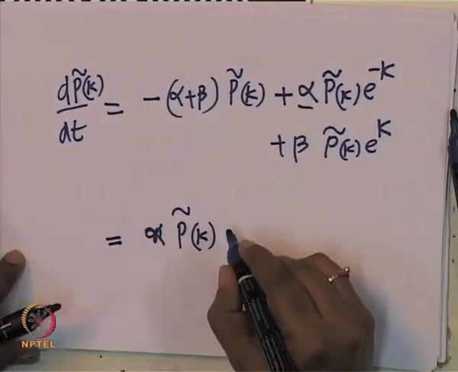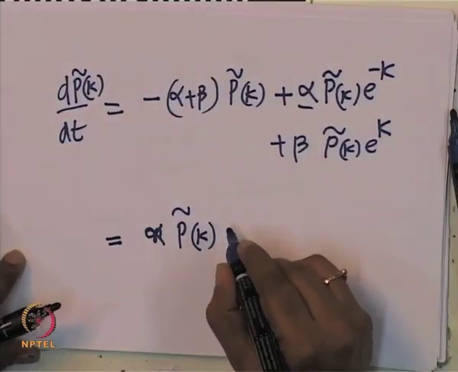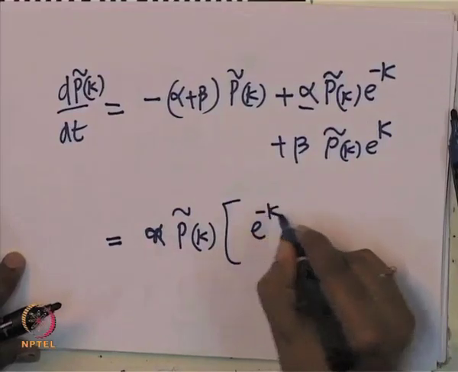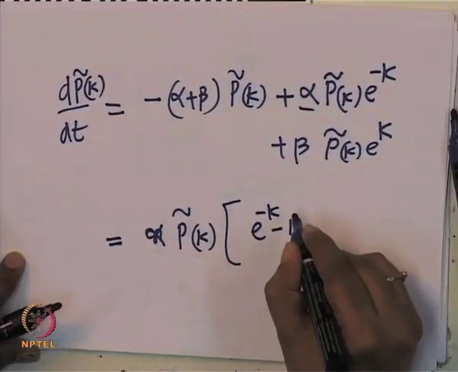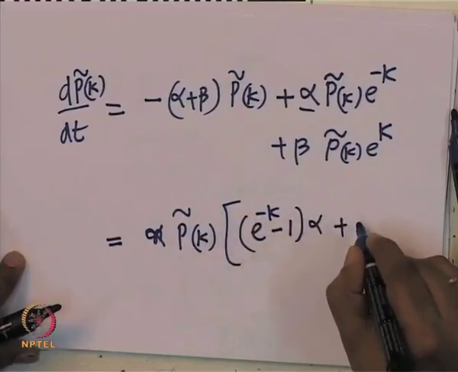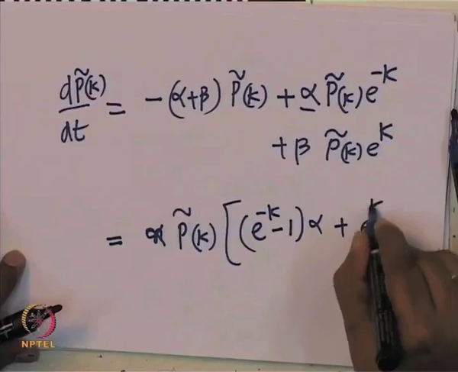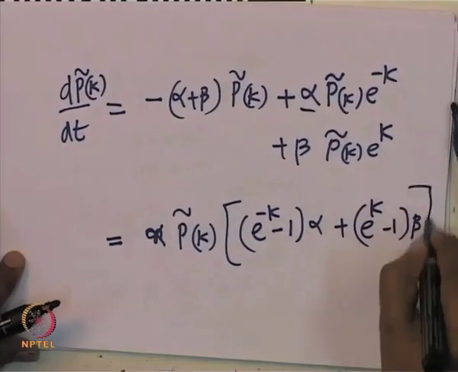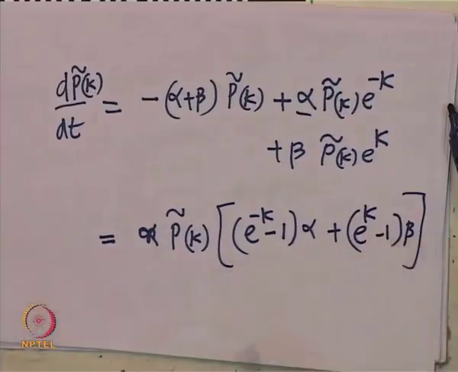So, I can write p tilde of k into e power minus k minus 1 into alpha plus e power k minus 1 into beta. So, this is the equation you will essentially get.